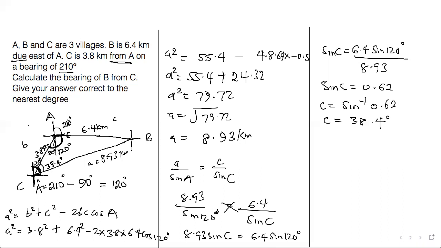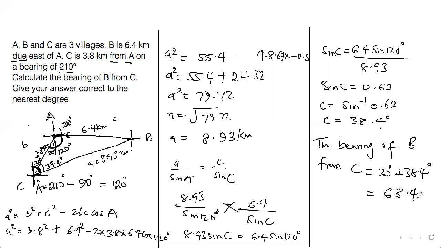So the bearing of B from C equals 30 degrees plus 38.4 degrees, and that gives us 68.4 degrees. Okay, so that's the solution to that. I hope that's clear enough.